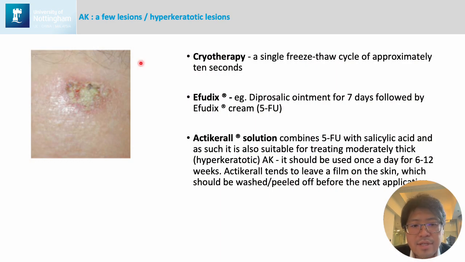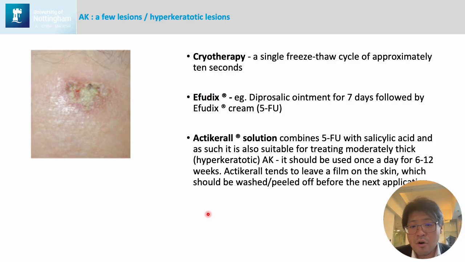So let's talk about single lesions or a few lesions of actinic keratosis. If it's only a few areas, especially if they are hyperkeratotic, that means the scaly things on top, then freezing therapy can be a very effective way to treat, because it's done and dusted in the clinic, and as long as you give the patients clear instructions, those areas will heal up in a few weeks' time.